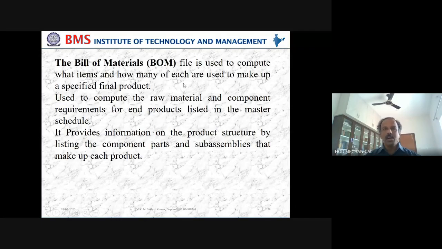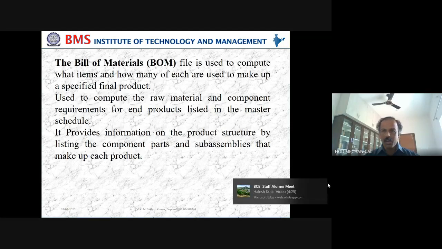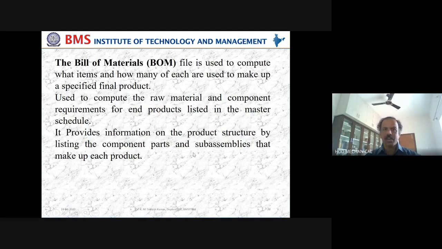The bill of material file is used to compute the raw material and component requirement for the end product listed in the master schedule. The product I have listed in the master schedule is the engine piston. In order to produce that engine piston, how many subparts are going to be required? That structure is called your bill of material file structure.